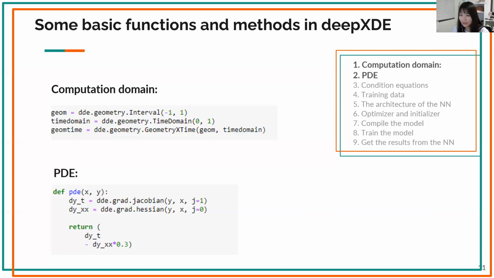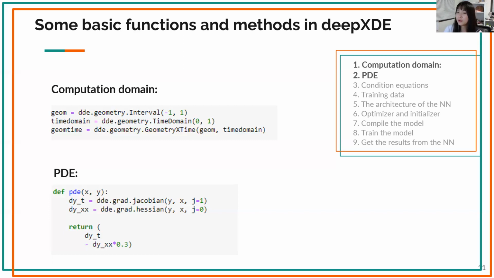So x here actually is a kind of 2D array. The first dimension is my x, the second is my time.